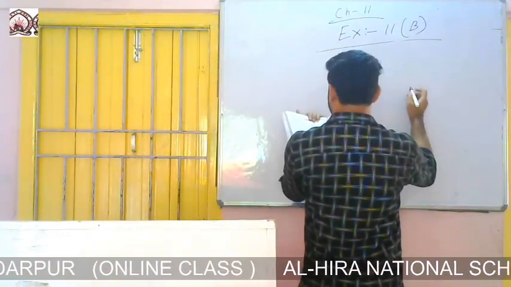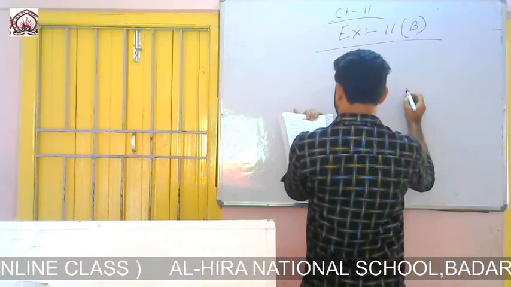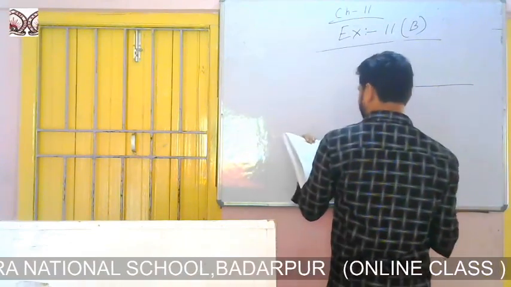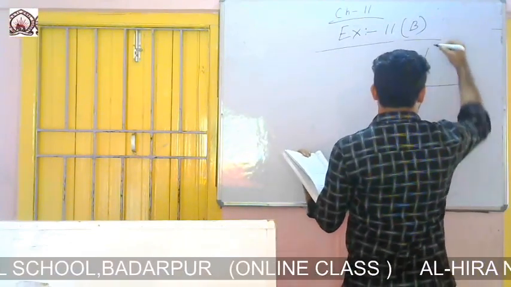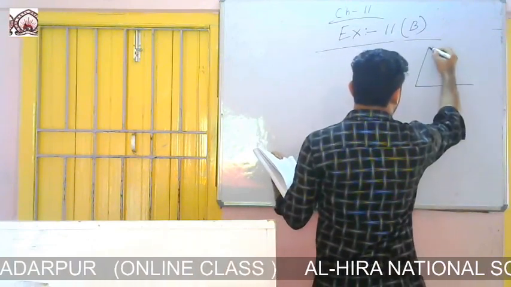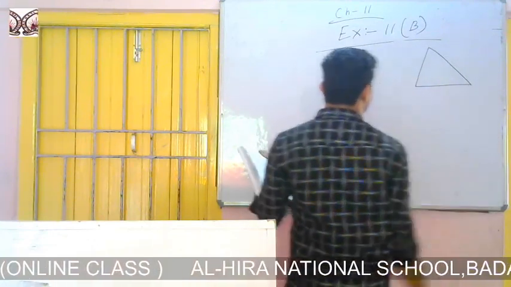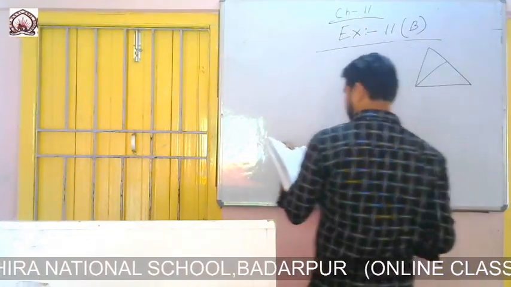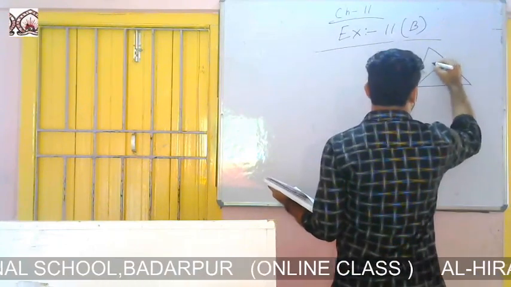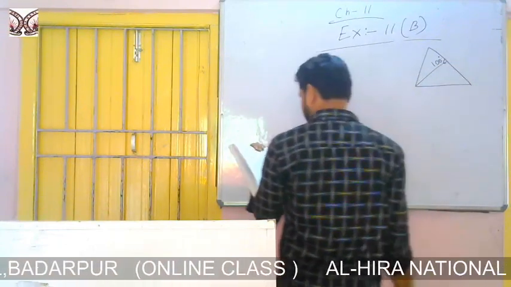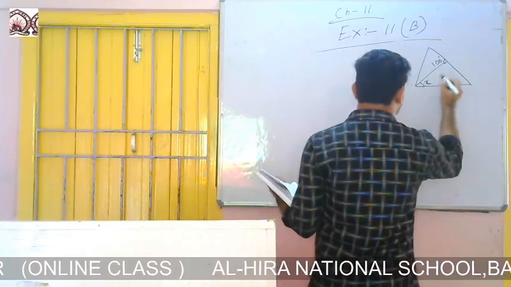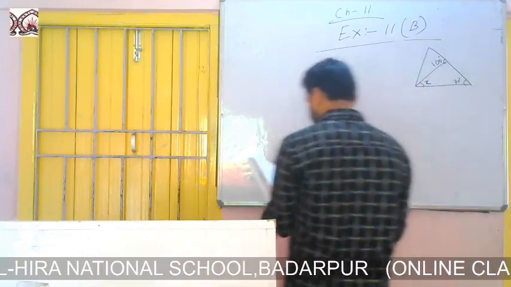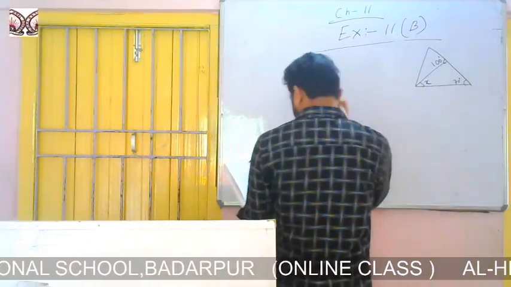First draw the diagram. The measure of this angle is 100 degrees. We have to find the measure of this angle X, and here it is given what? 70 degrees. Okay, so it's very easy to find.